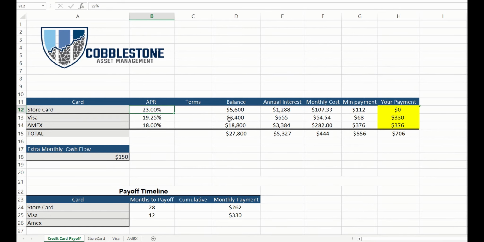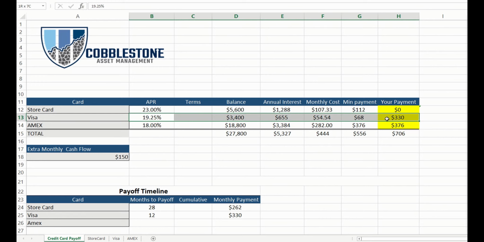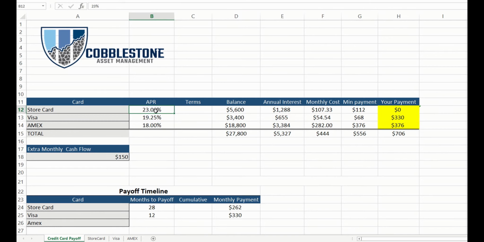So if you started by paying off this balance, which is the smallest first, you would not get to zero as quickly because of that spread in interest, you're saving yourself 19.25% on this card versus 23% of savings for every dollar you paid in the first card in our example. So please sort them by APR, pay them in that order.